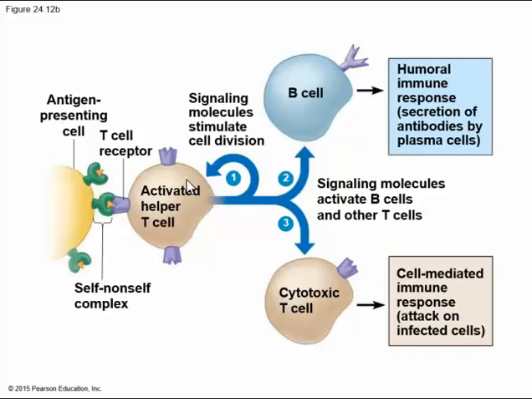So, the activated helper T cell binds to the foreign invader, the antigen-presenting cell, releases chemical signaling molecules that stimulate the B cells, and also signals the cytotoxic T cells.